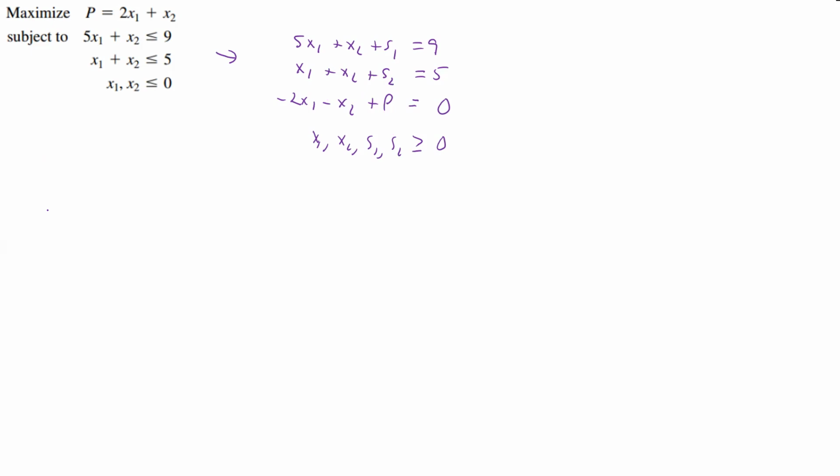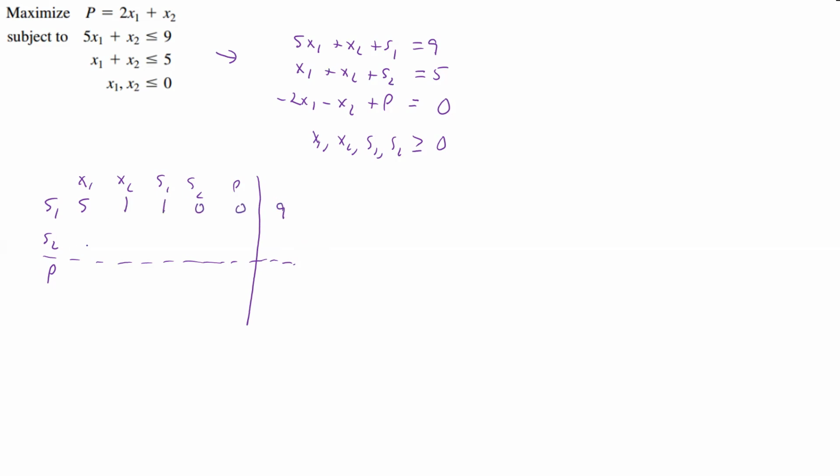My initial tableau is going to be S1, S2, P, and my dotted lines. And then I'll have X1, X2, S1, S2, P, and then my solid line. And so now I just have to write the numbers in accordingly. So it's going to be 5 x1, and then plus x2, so it's a 1, and there's one of those, none of those, none of those, and that's going to be a 9.